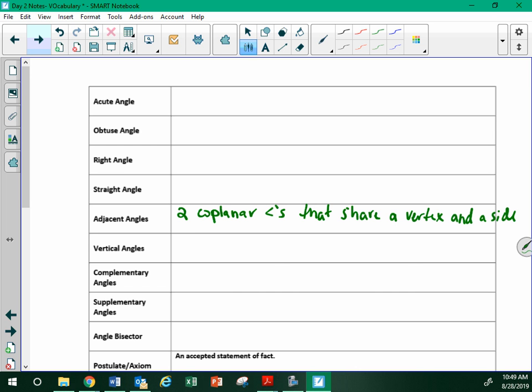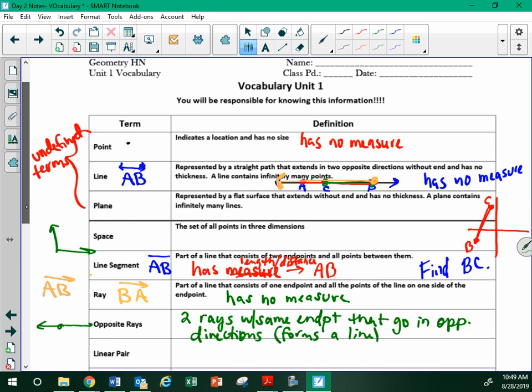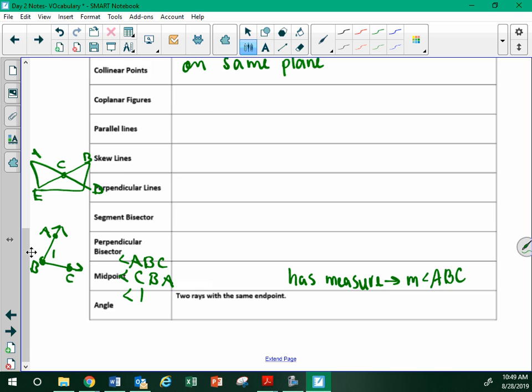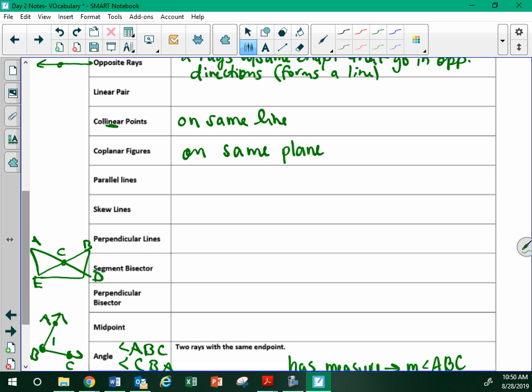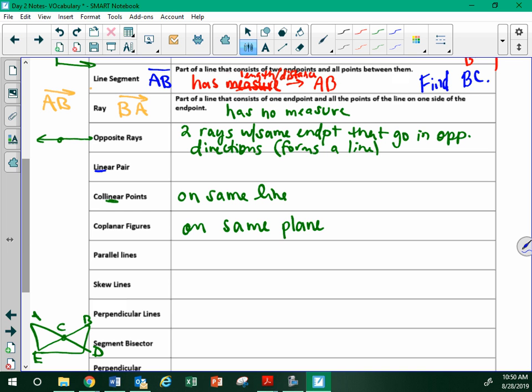Awesome. Let's go and flip back over to our linear pairs. We need to make sure we know what adjacent was before we did linear pairs. So key thing with linear pairs, let me go ahead and draw an example for you. We have an angle, and we're going to have another angle that's adjacent to it, so they're going to share a side. So let's have it share this side.